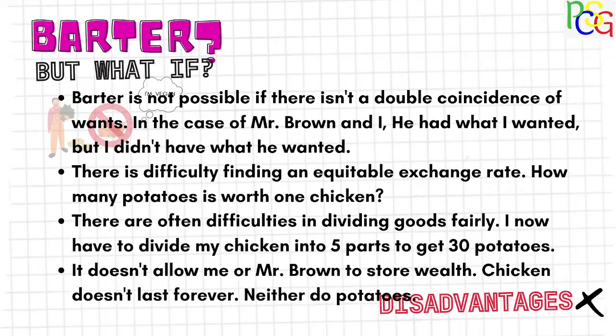We can see here that barter is not possible if there is not a double coincidence of wants. As I mentioned a few slides before, both persons must have what each other wanted.